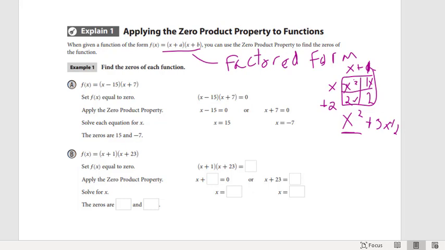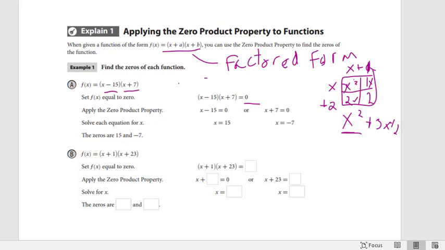So if we have it in the factored form already, when we want to find where either of these makes it 0, we use this idea of setting it equal to 0, and then we want those things to equal 0 when we multiply them together.